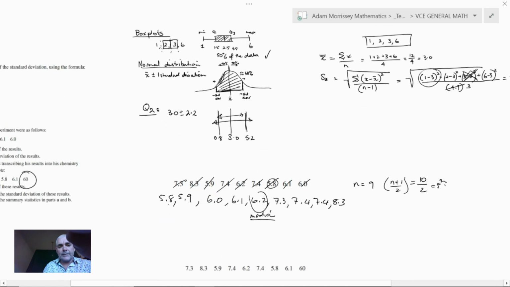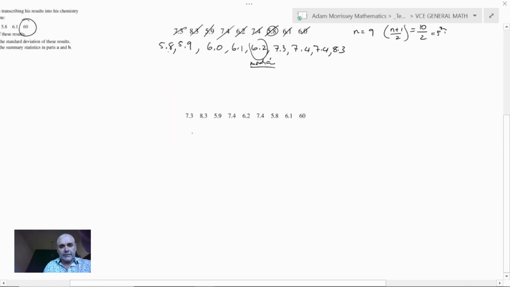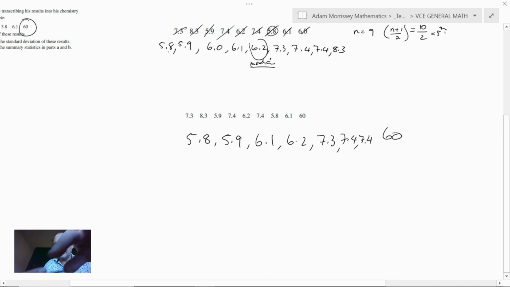Okay, so on this other set of data, everything else is the same, except down the other end we've got a 60. So 5.8, 5.9, we haven't got a 6, but we've got a 6.1, a 6.2, a 7.3, 7.4, running out of room, 7.4, and 8.3, and a 60.